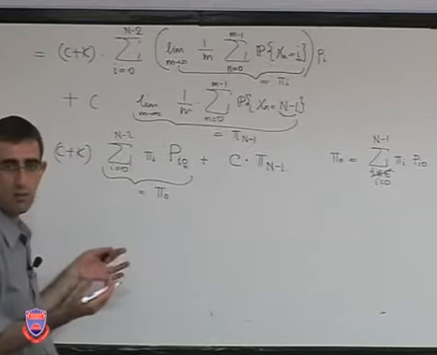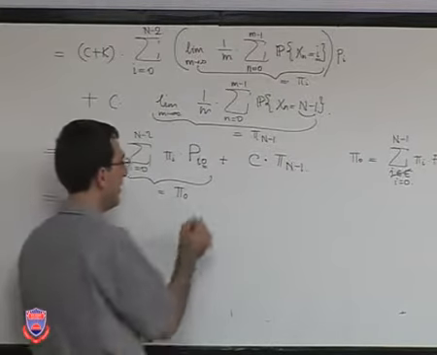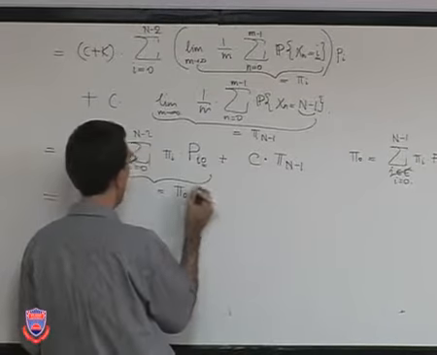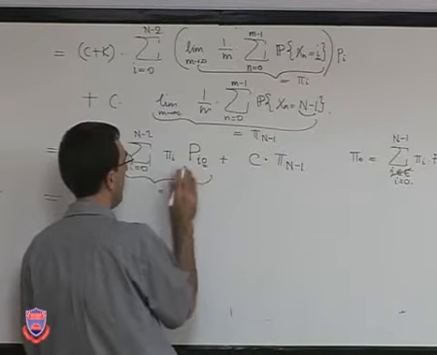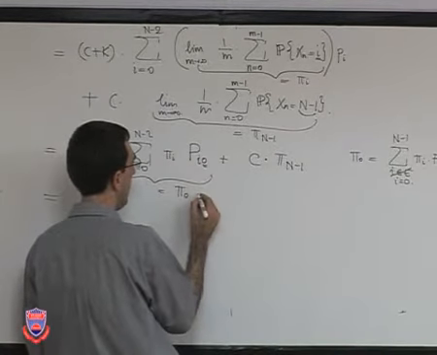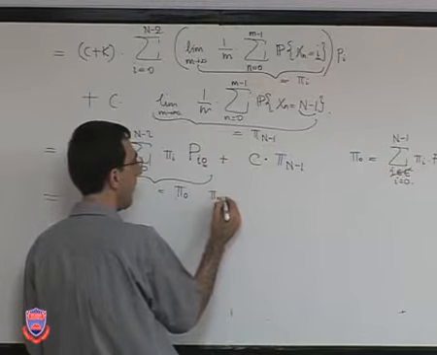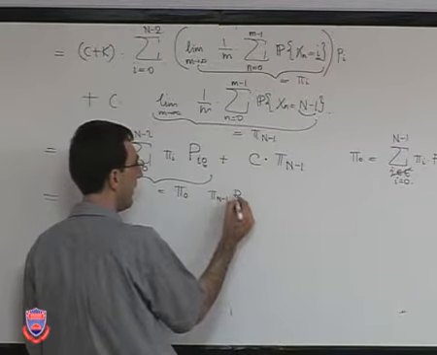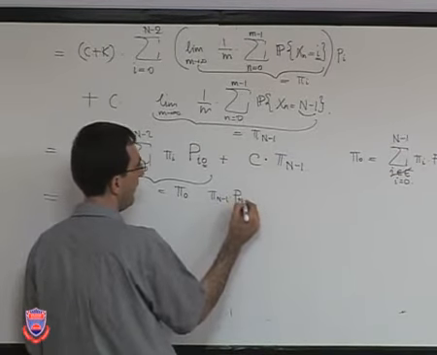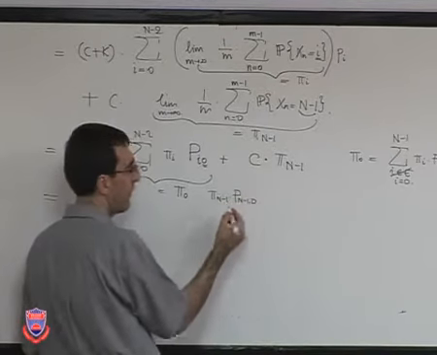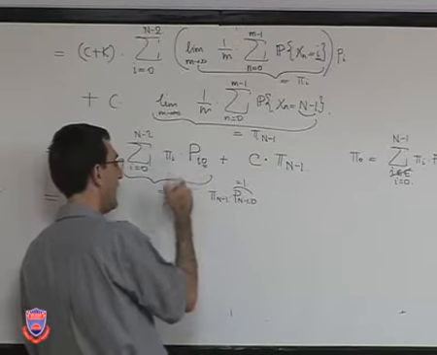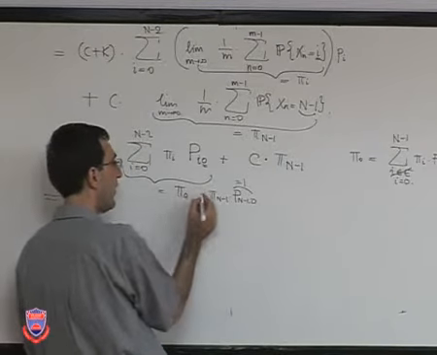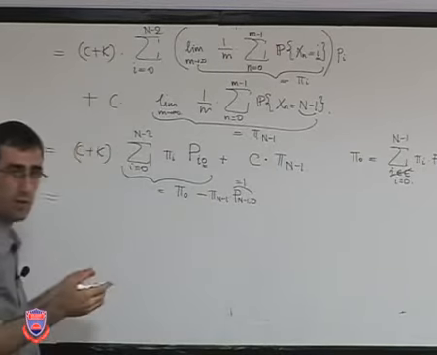But we can add and subtract. Let's just do that. So pi_0, what do I need? I must add pi_{n-1} times p_{n-1}, which is 1. We know that this is 1. So you added that, therefore you got pi_0. Now you have to subtract it in order to keep things in balance.